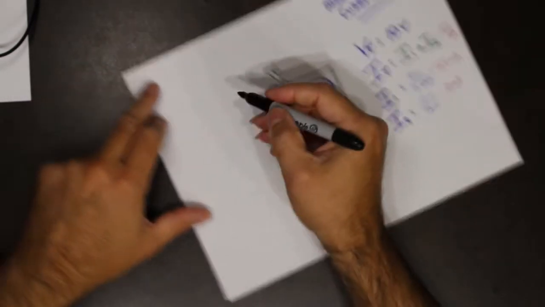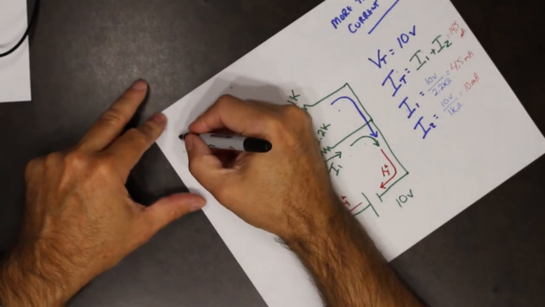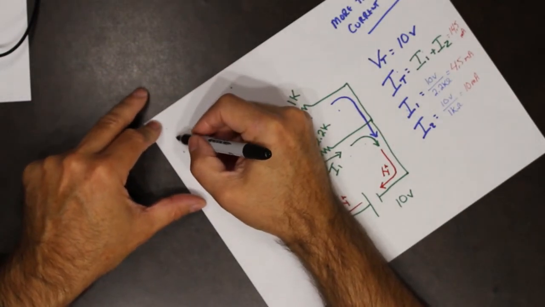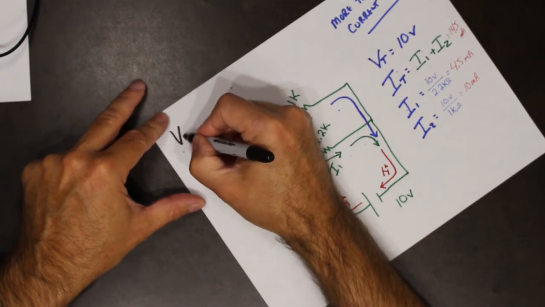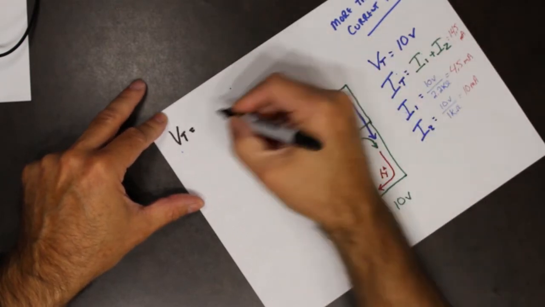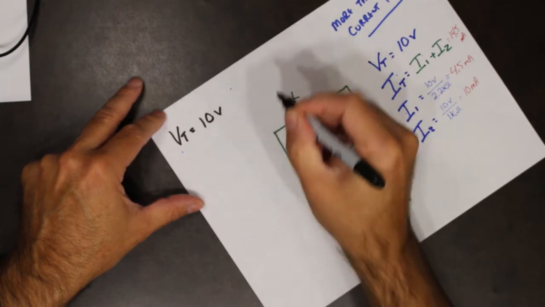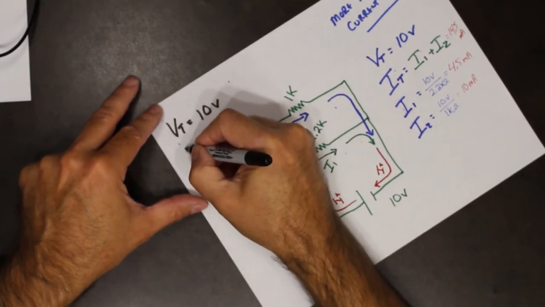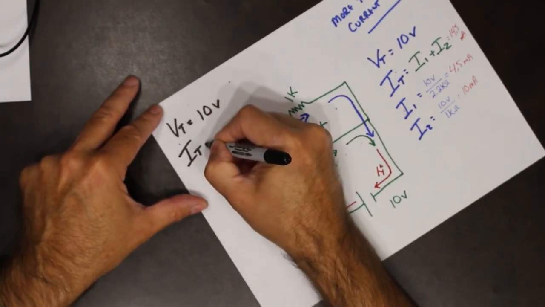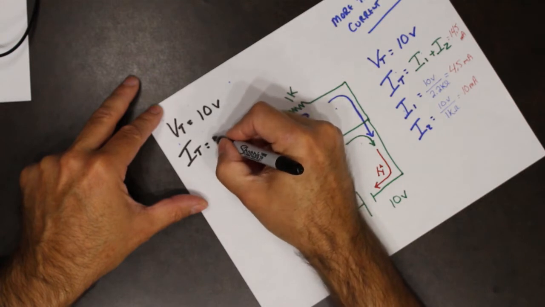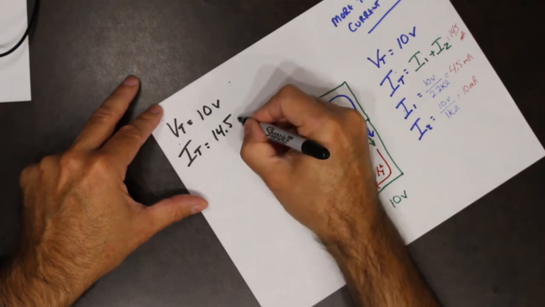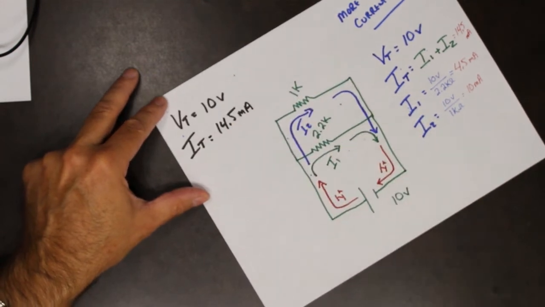So, we know from last week's lecture that we have voltage totals in a circuit. In this case, the voltage total was 10 volts. We also have I total in a circuit, which in this case is 14.5 milliamps.